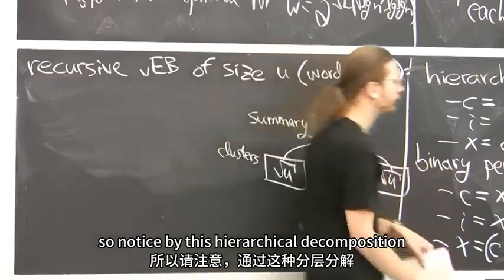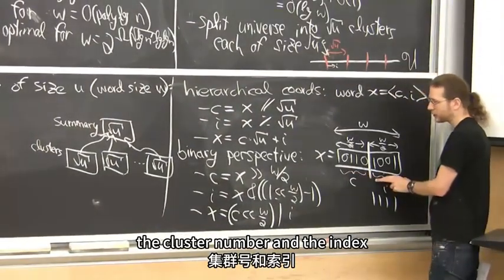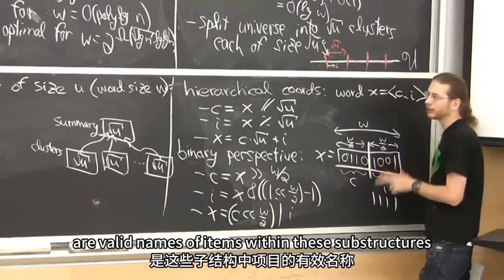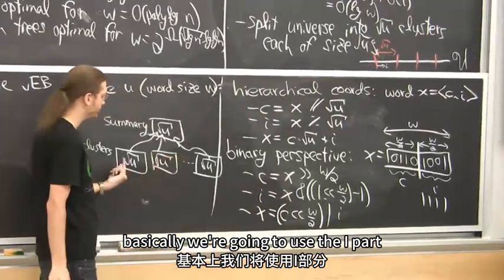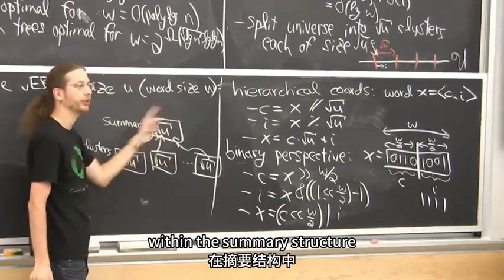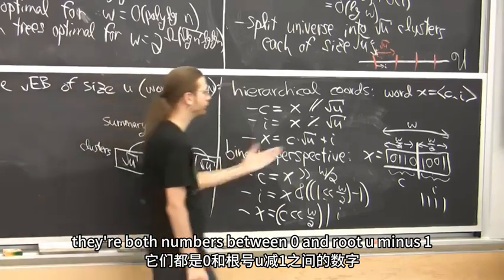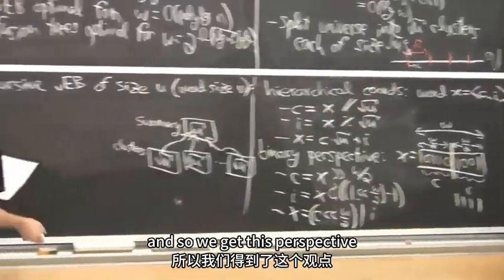So notice by this hierarchical decomposition, the cluster number and the index are valid names of items within these substructures. Basically, we're going to use the I part to talk about things within the clusters, and we're going to use the C part to talk about things within the summary structure. They're both numbers between 0 and root U minus 1, and so we get this perspective.